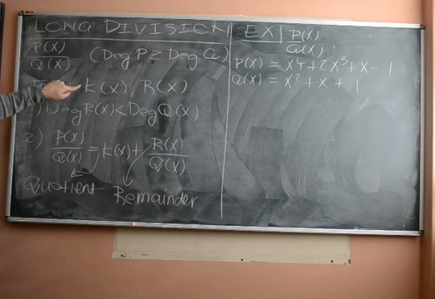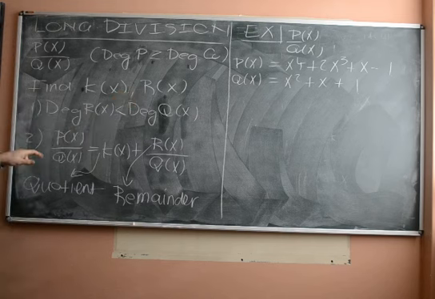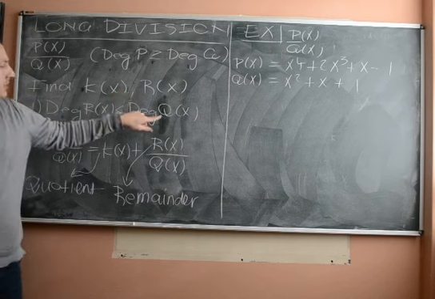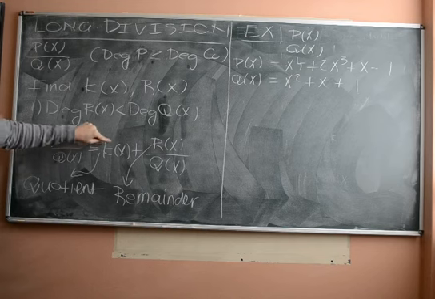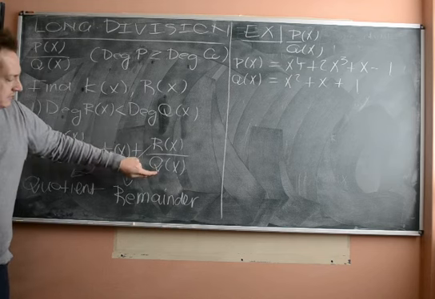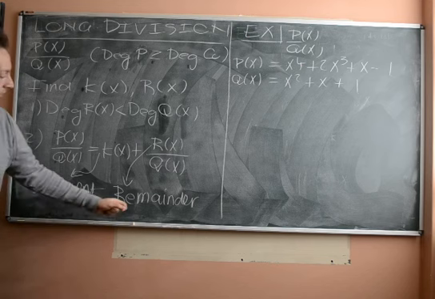We want to find polynomials k of x and r of x with the following properties. Firstly, the degree of r is less than the degree of q, and you can write p of x over q of x as k of x plus r of x over q. Right, and k is going to be called the quotient, and r is the remainder.